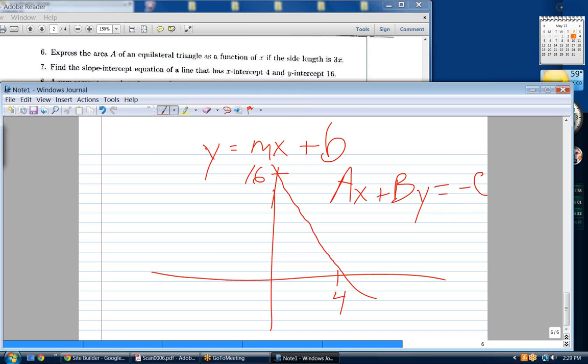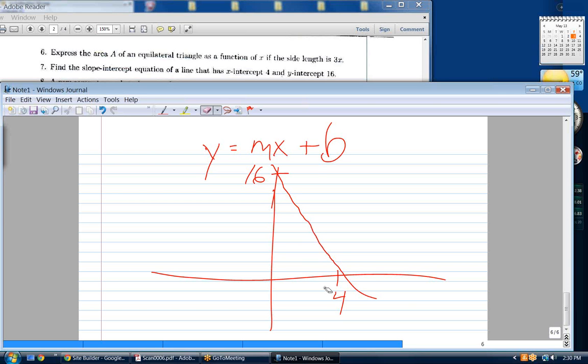And standard format would say that the x-intercept is where y is 0. Actually, I'm not positive how to do it any other way. I think I know another way, but this way I like the best because it's real easy to figure out what the y-intercept is and the slope just by looking at this.